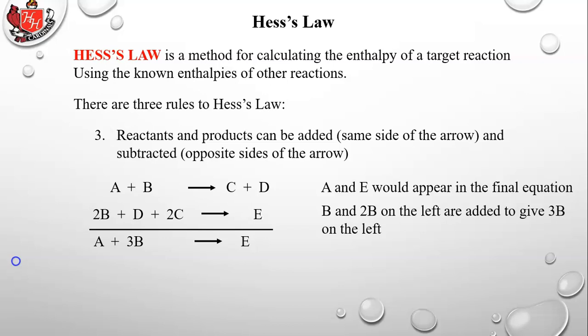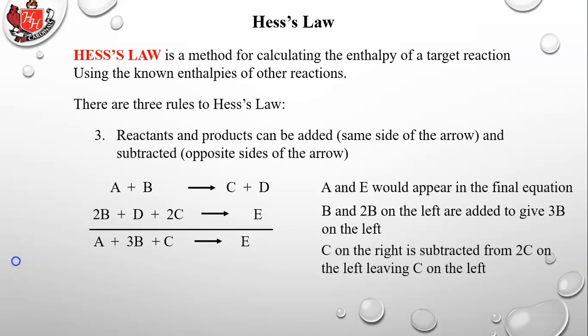B and 2B appear on the left side of the arrow, so you can add those together. They're on the same side of the arrow, so they're going to add to become 3B, and that's going to be on the left side of the arrow. C on the right side of the first equation is subtracted from 2C on the left, leaving C on the left. In other words, the C is going to go on the side with the bigger of the C's.